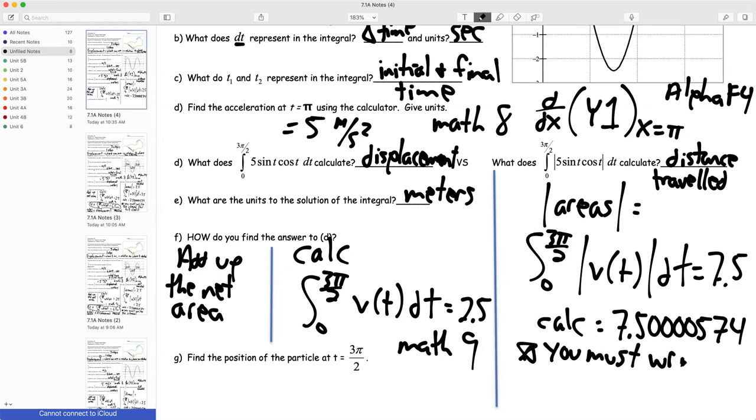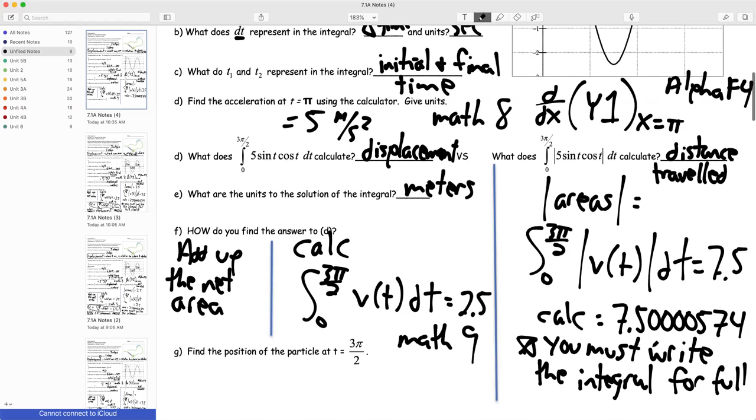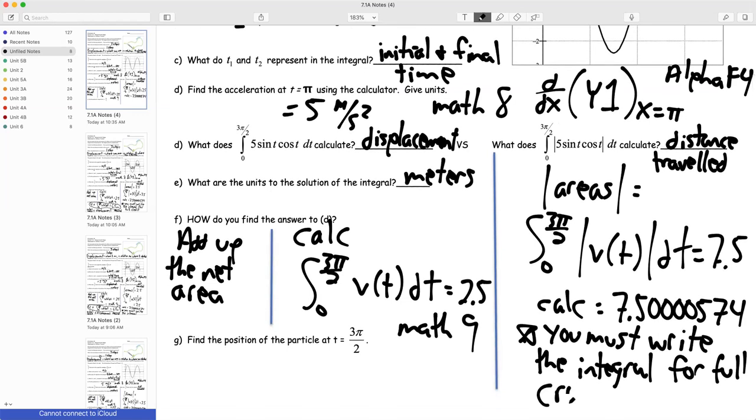You must write the integral for full credit. If you do not write the integral, you will not receive full credit.